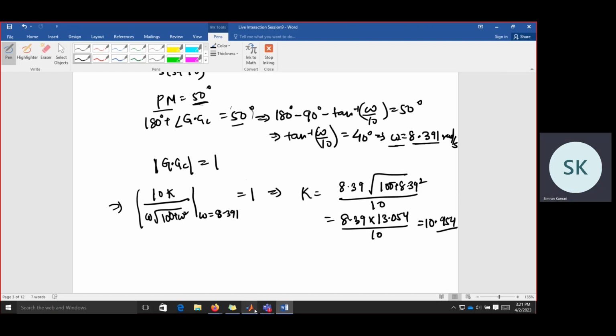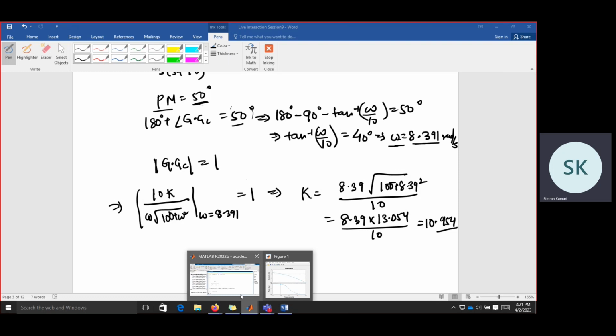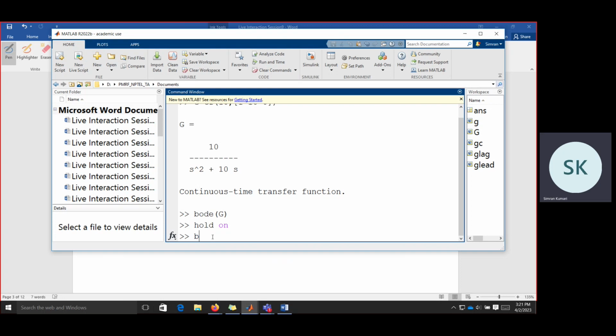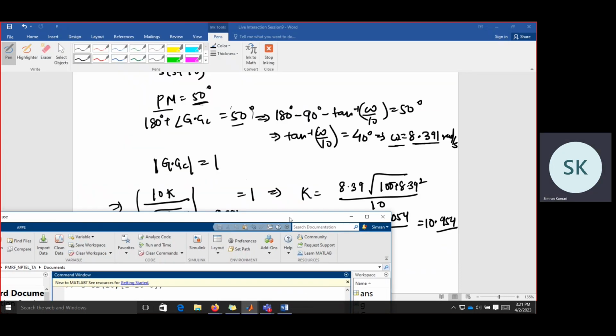So let us see if we can find it through MATLAB also. Now we had this G, which was the transfer function, and we have this compensator, which is simply a gain. What is the gain value we have found out? 10.954.